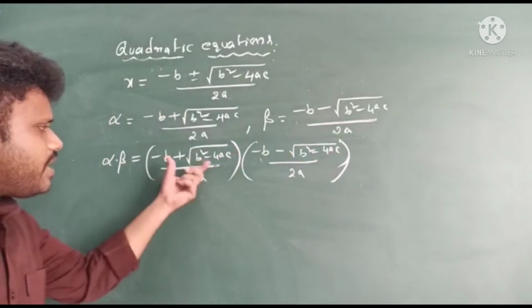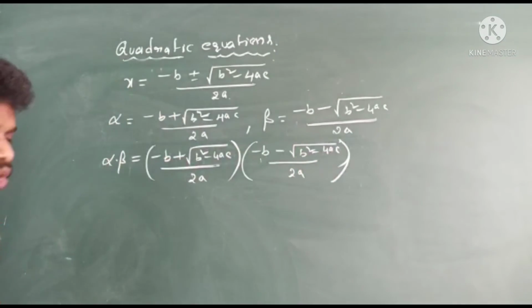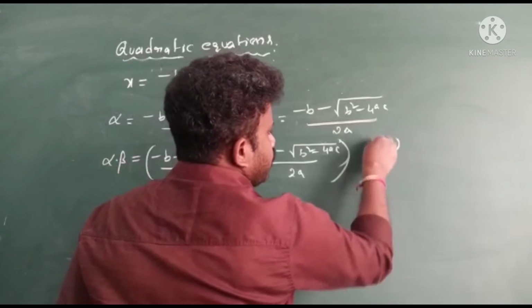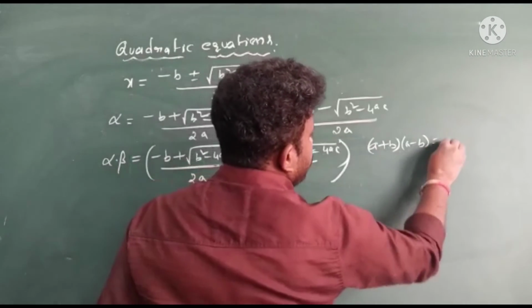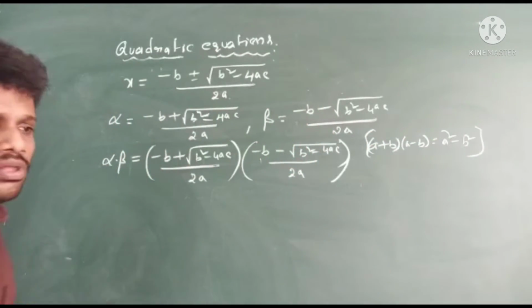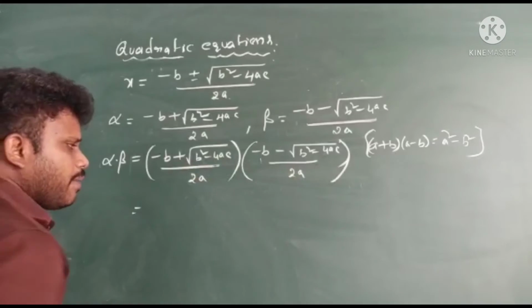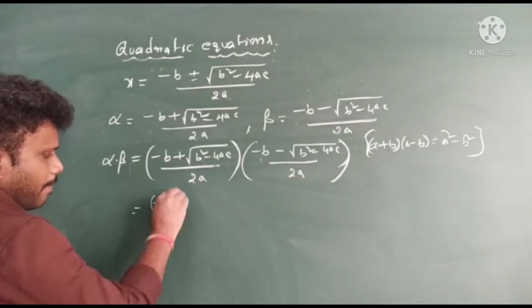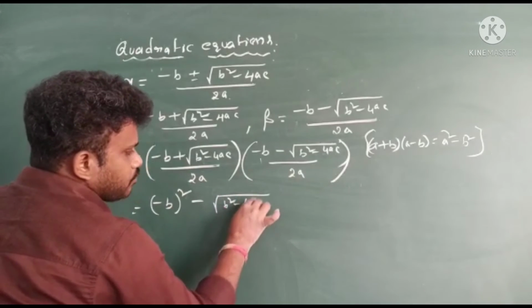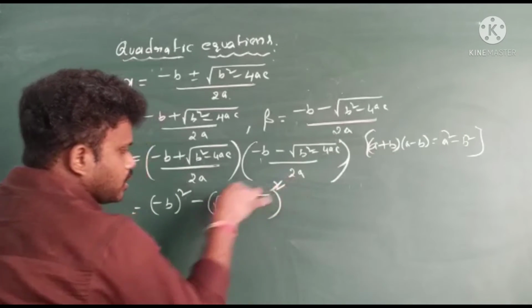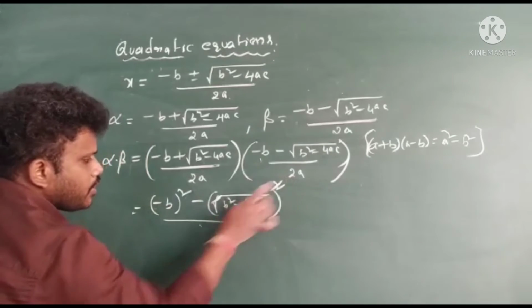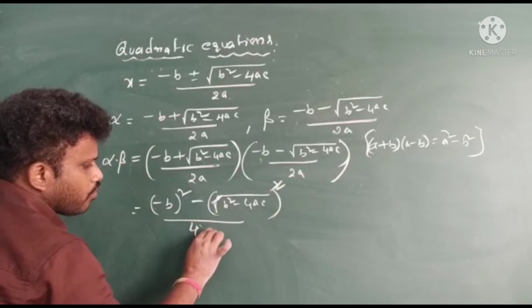Now it is in the form of a plus b into a minus b in the numerator. The formula for a plus b into a minus b is equal to a square minus b square. By using this formula we are going to solve this. The numerator value can be written as minus b whole square minus root under b square minus 4ac whole square. Here the square root gets cancelled, and in the denominator 2a into 2a, 2 twos are 4, a into a is a square, so 4a square.